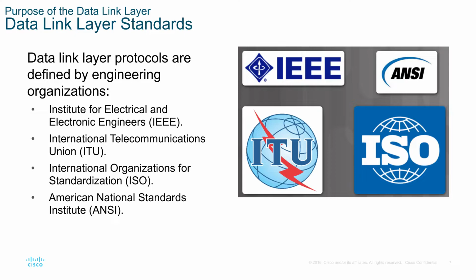You may be familiar with many of these organizations already, as they provide standards not only for networking, but for manufacturing and many other types of machinery, products that you come in contact with.